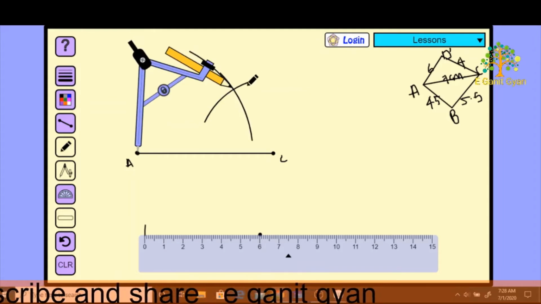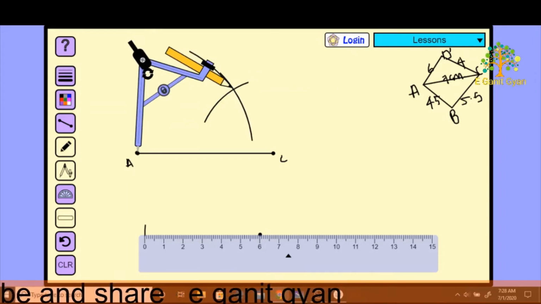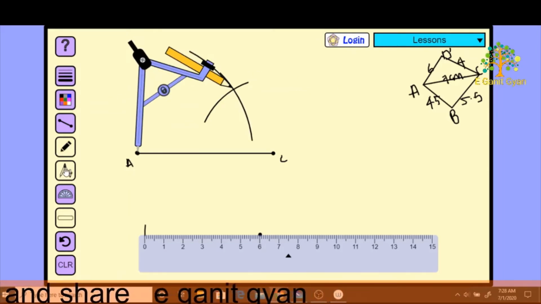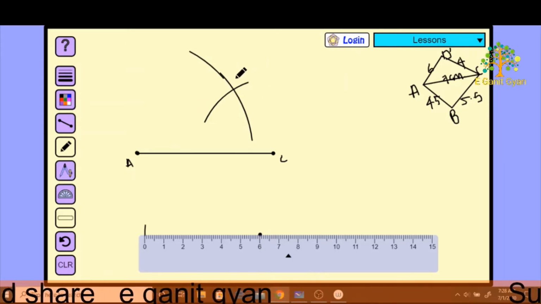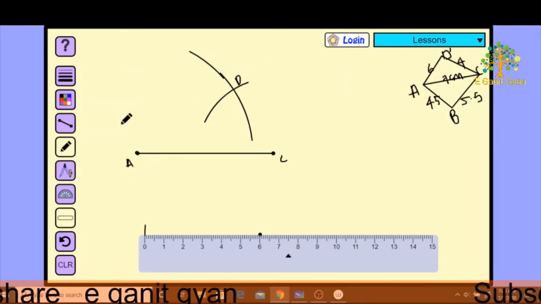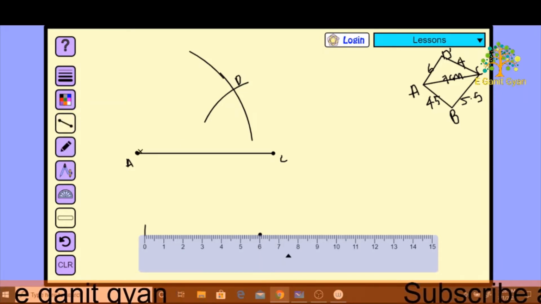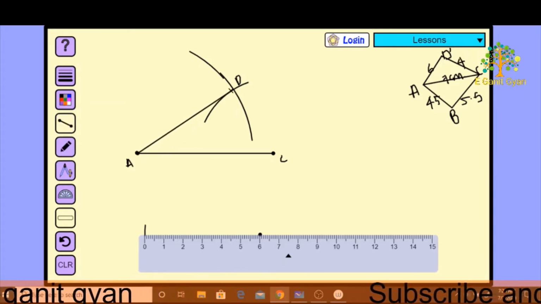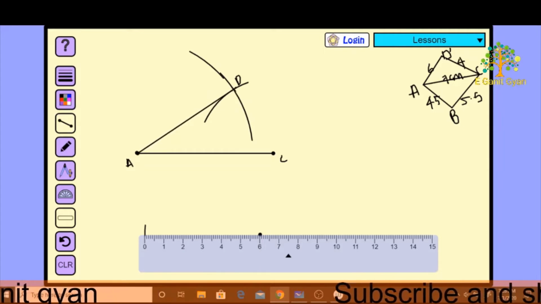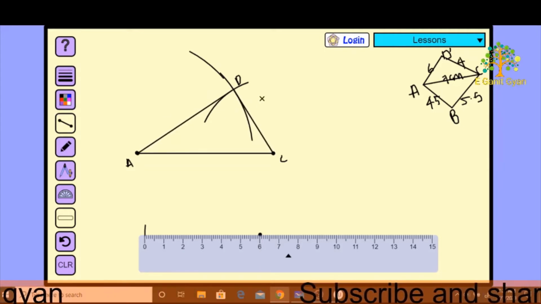So we got our new vertex D here. Okay, let us join A to D and C to D with the help of line segments. So I joined the line segments here.